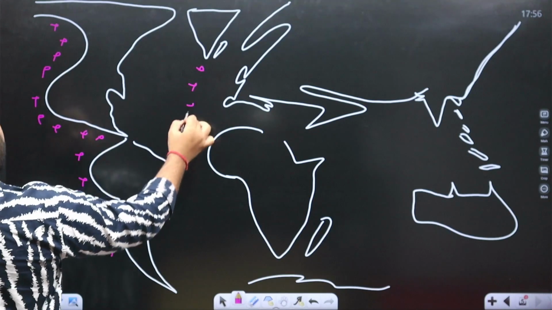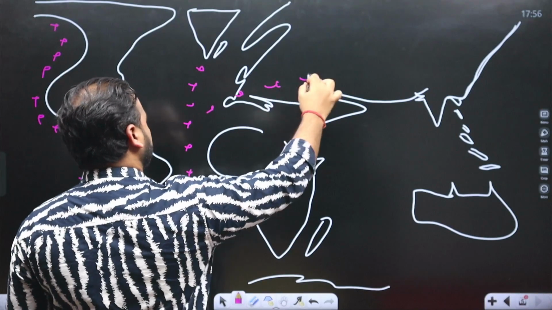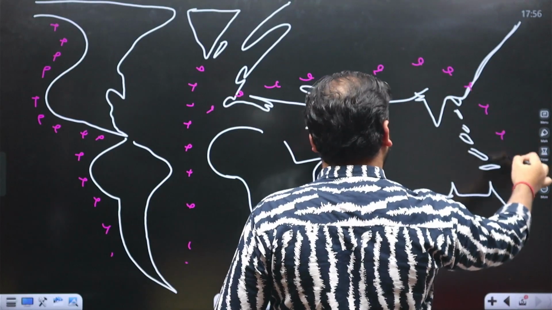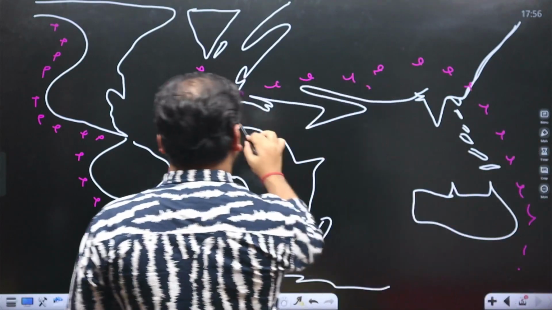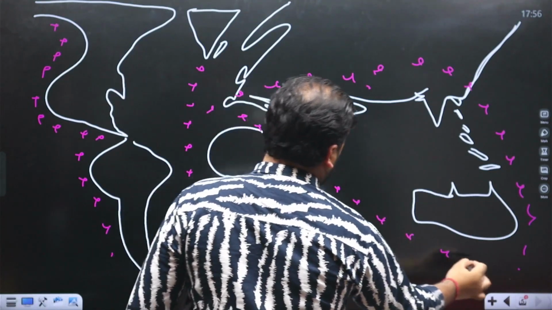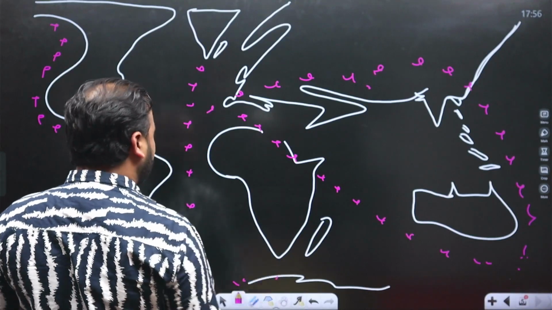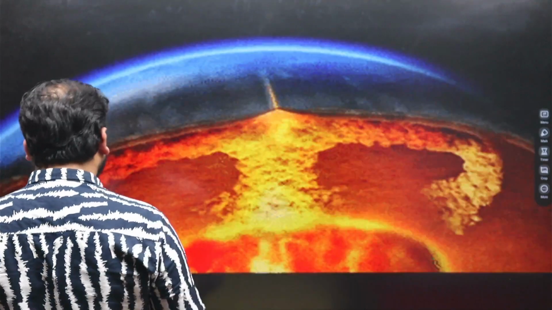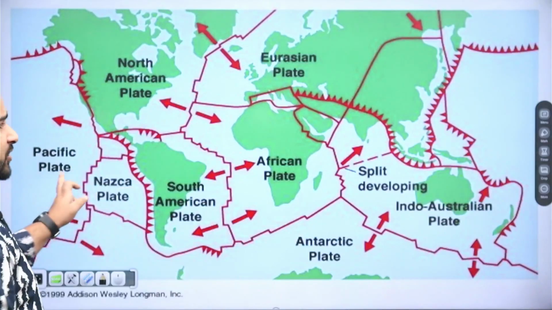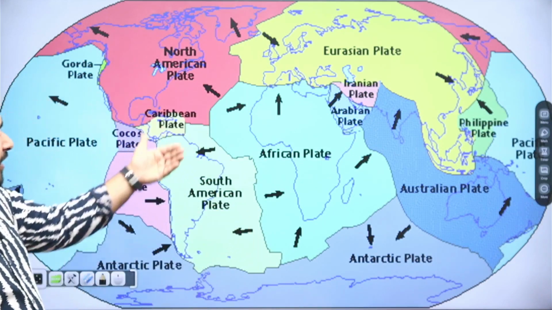Different parts have been formed. So seven major plates are found. If we see here, these types of plate margins are found. The plates are named after the continents.